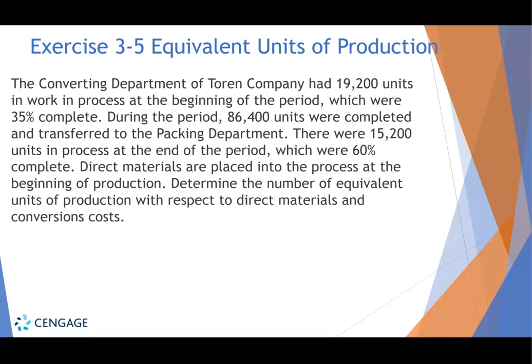Our job is to determine the number of equivalent units of production with respect to direct materials and with respect to conversion costs. With respect to direct materials, it's going to be 100% complete because they're put in at the very beginning of the process.